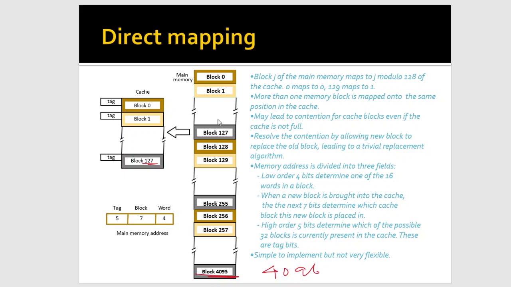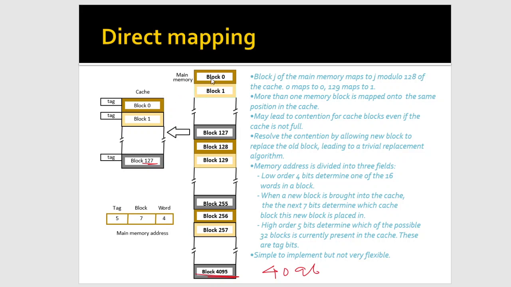And the block consists of different words, and these words are required by the instruction when instruction execution takes place. There may be a number of words in a particular block. The mapping function maps a particular block to the corresponding block in the cache memory.